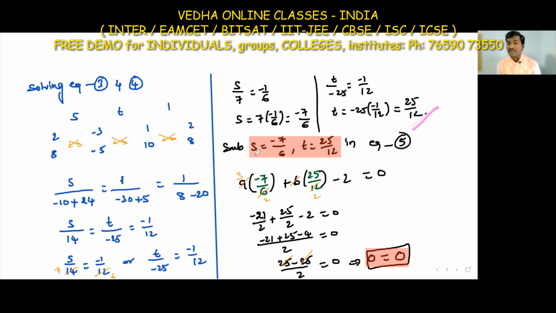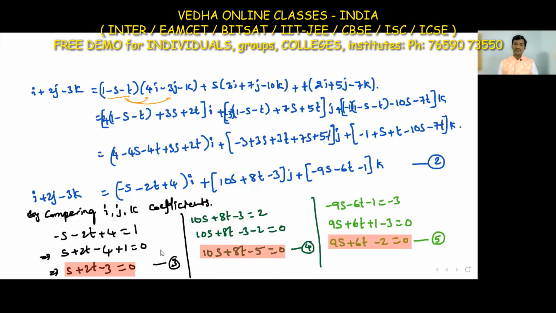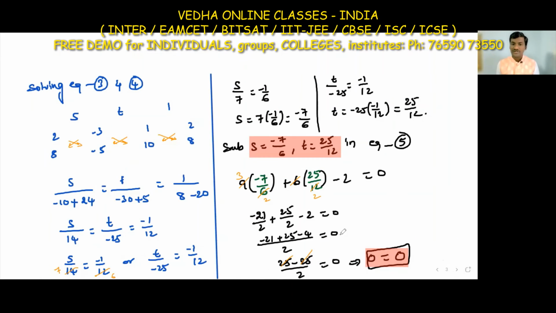Now I am substituting the s and t values in equation 5, since we solved equations 3 and 4. This is just for confirmation. So s value is minus 7 by 6, and t value is 25 by 12.